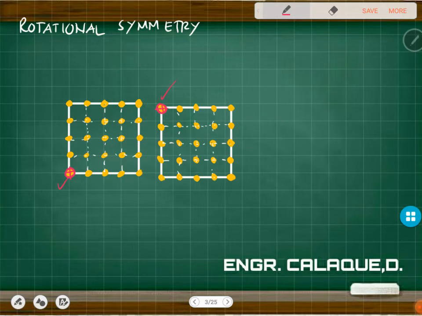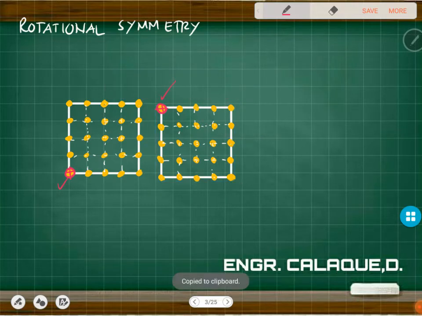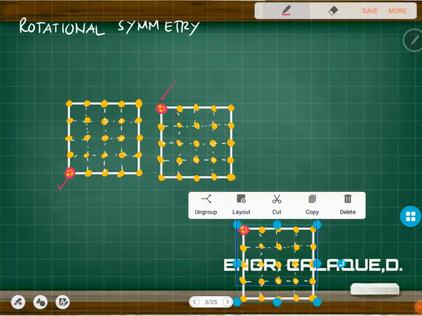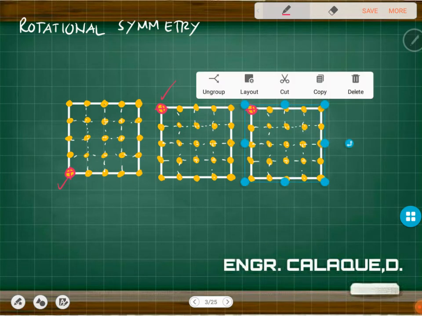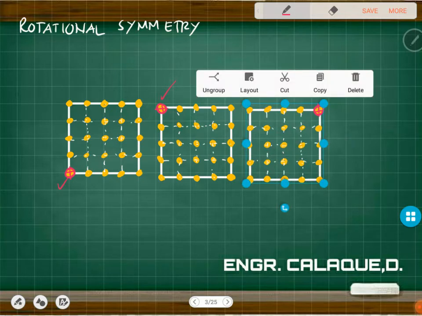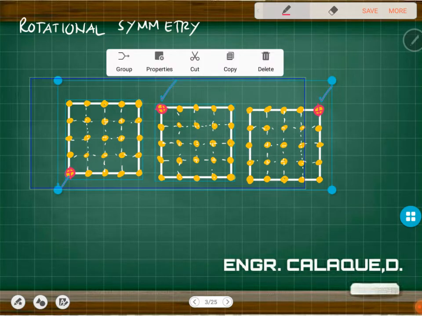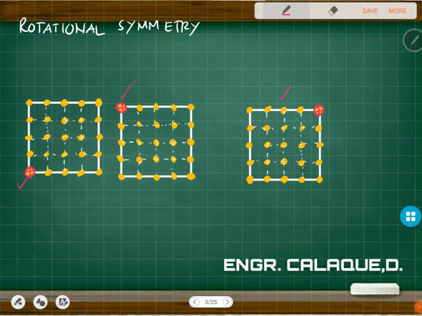Then if this pattern is rotated again by 90 degrees, that would be equivalent to 180 degrees. As you observe here, you get this point here.